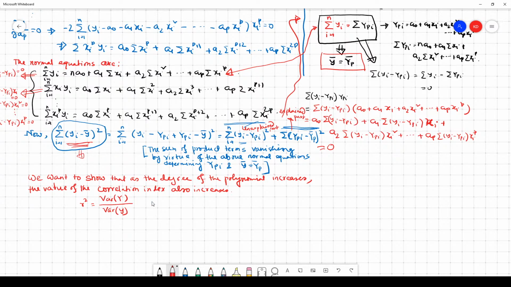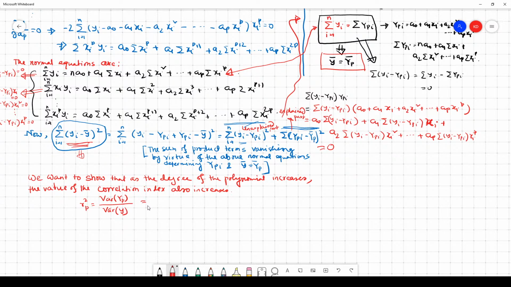Now we assume there is a pth degree polynomial, that means y is a0 plus a1 x plus a2 x square plus ... plus ap x to the power p. So instead of Y, we write Yp, and instead of r, I write rp.